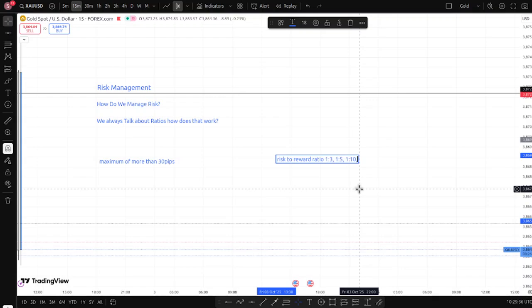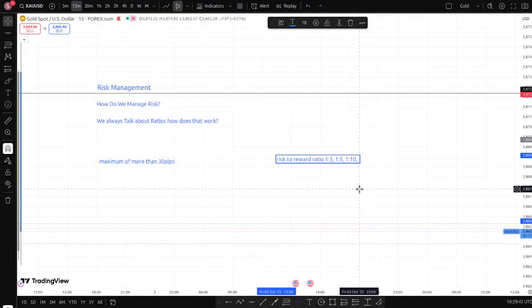And there is that good trade for gold that we had, that was almost 1 to 1,000 or more than thousands. So we had a risk of 30, gold went more than 10k. There is 1 to 100, and this is what you hear as RR, risk to reward.